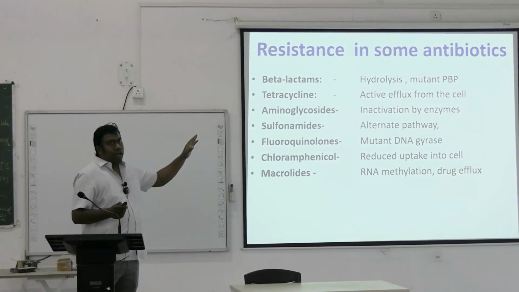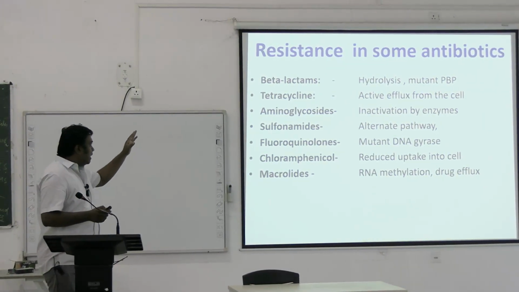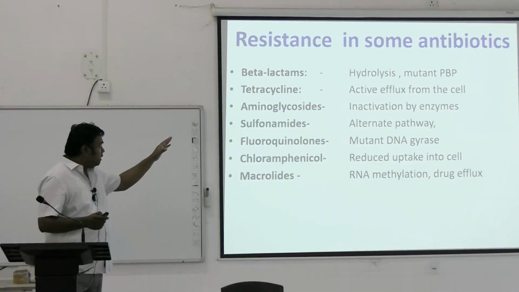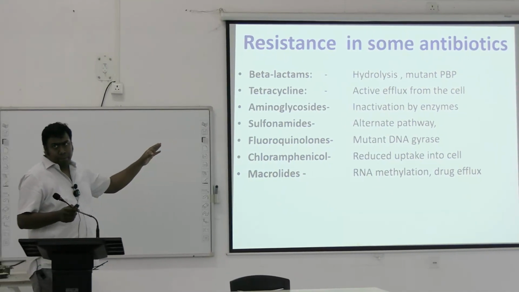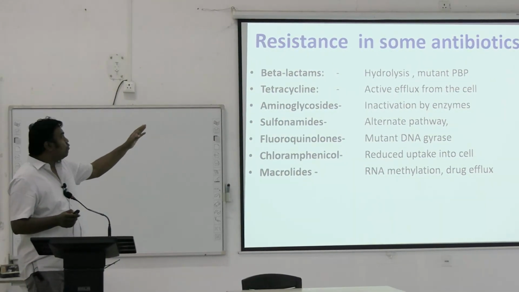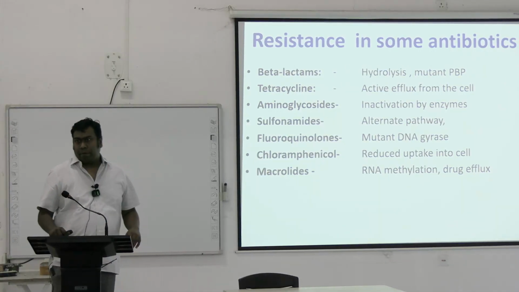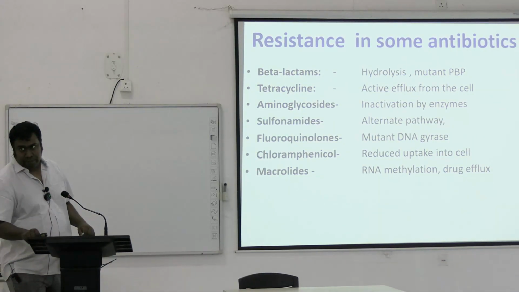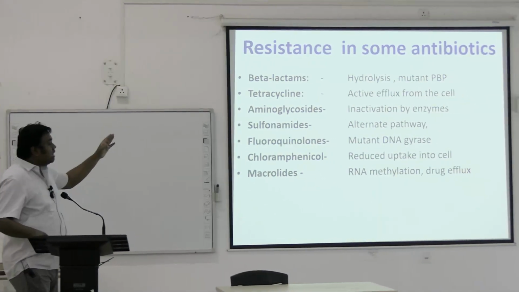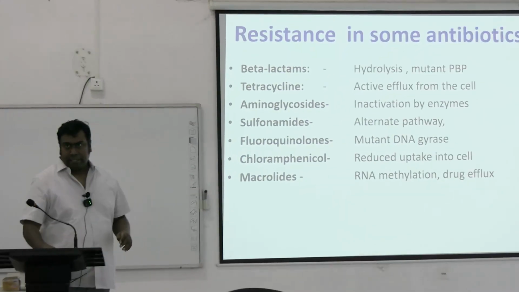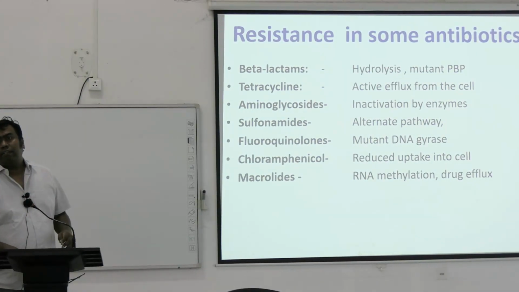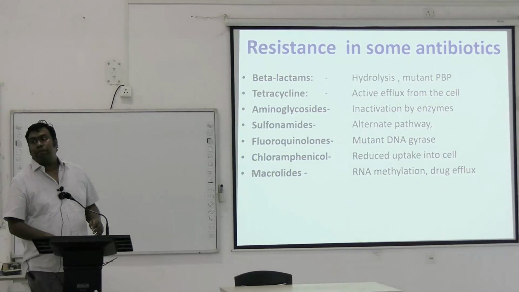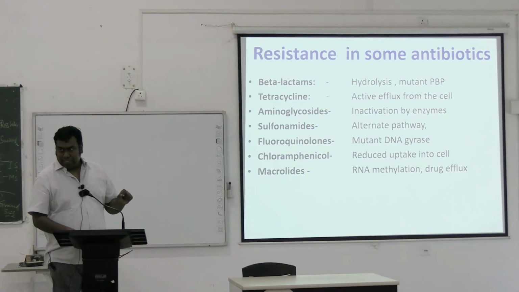Beta-lactam antibiotic develops resistance due to hydrolysis of the beta-lactam ring and mutation of PBP, penicillin binding protein. Similarly, tetracycline resistance is by efflux from the cell. Tetracycline is a broad spectrum protein synthesis inhibitor.